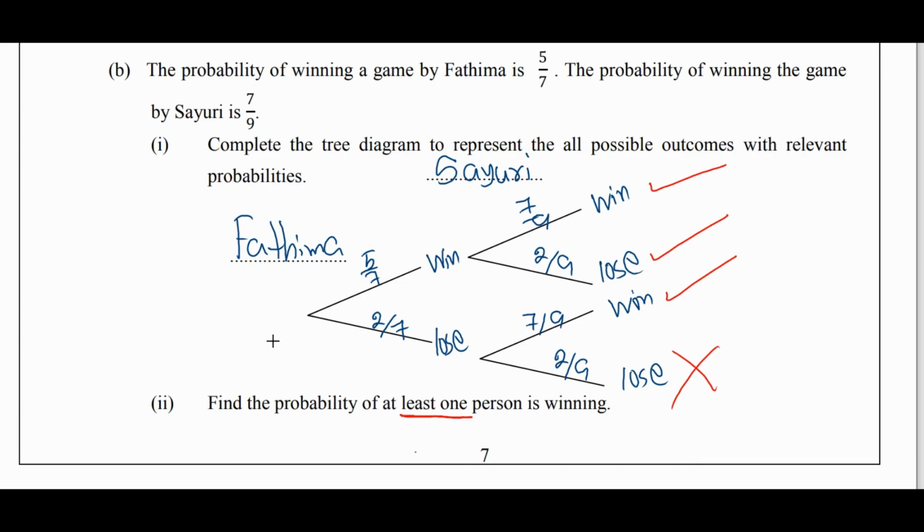I can get this branch 5 out of 7 into this one 7 out of 9, plus 5 out of 7 into 2 out of 9, plus this 2 out of 7 into this one 7 out of 9.